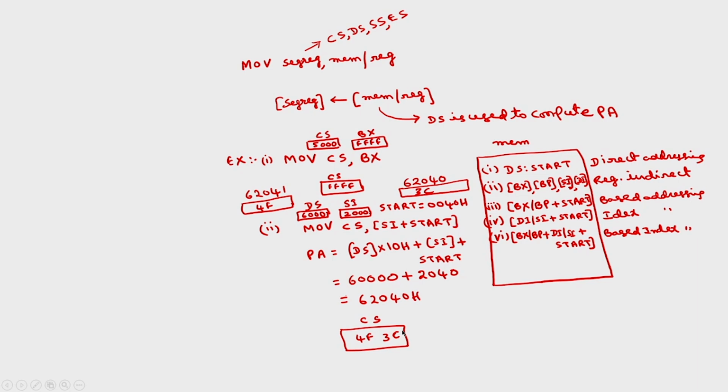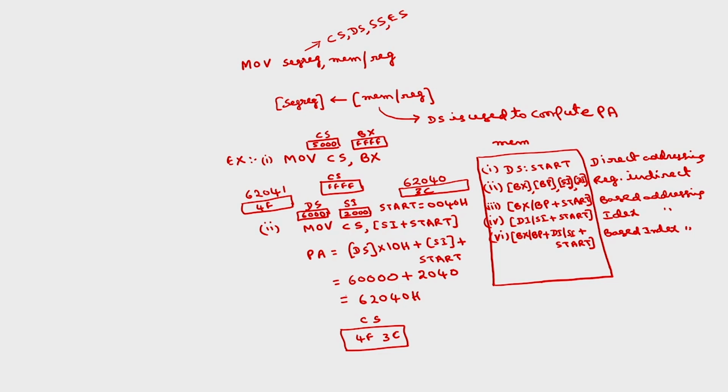This is how you can load any segment register with the contents of any register or any of these memory locations. Similarly, you can have the reverse operation. Here we discussed loading contents into the segment register from memory or register.